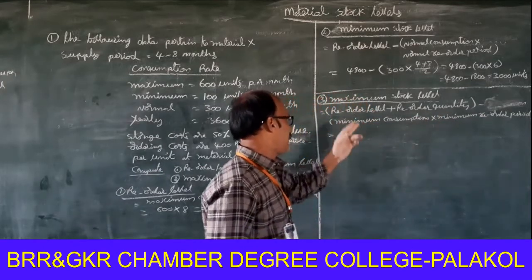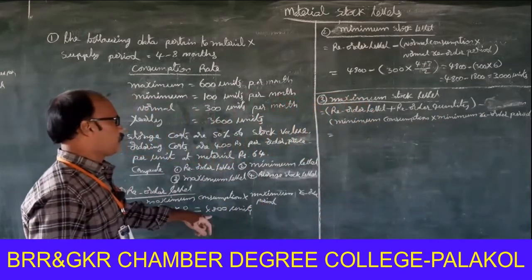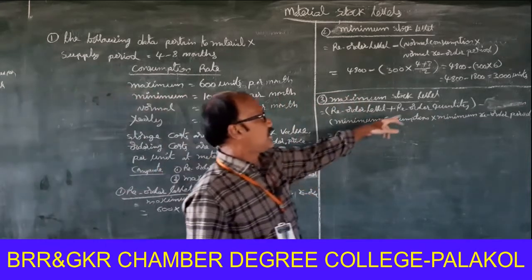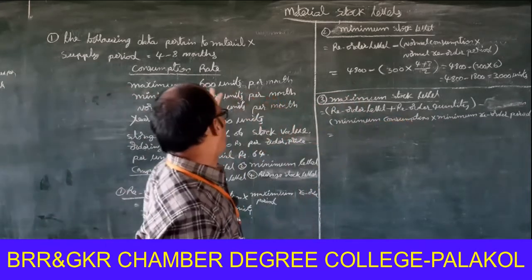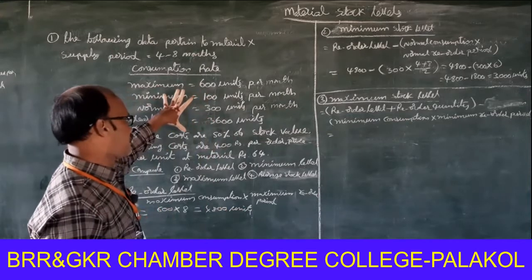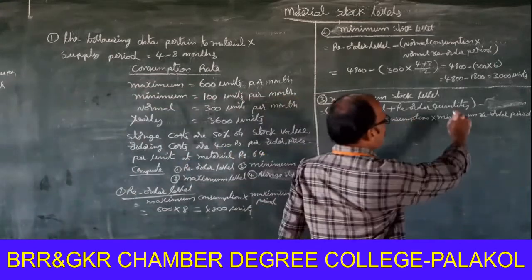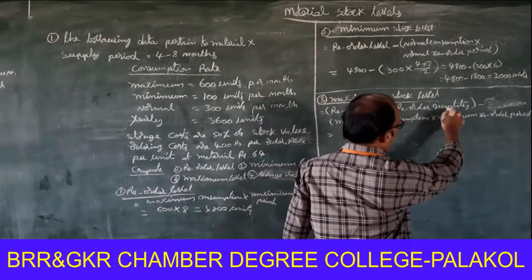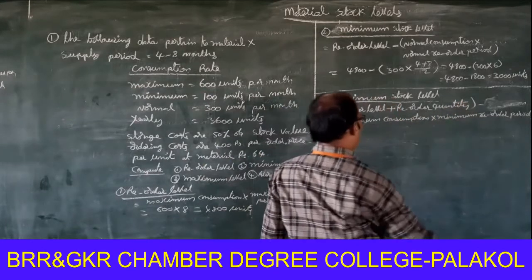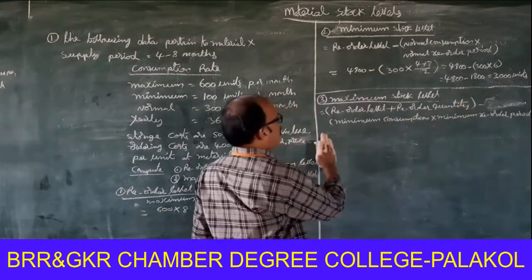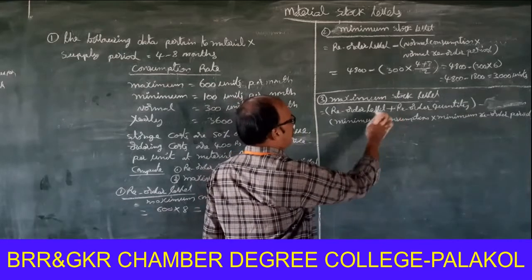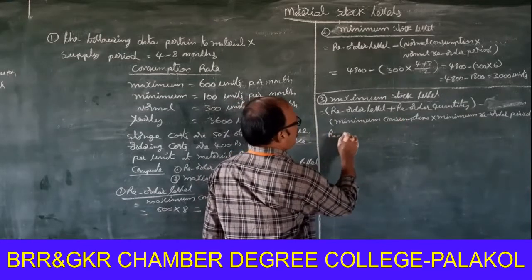Okay, the reorder level is available. What is that? 4800. Reorder quantity is not available in the problem. So first, how do we calculate reorder quantity? Reorder quantity is to be calculated here.